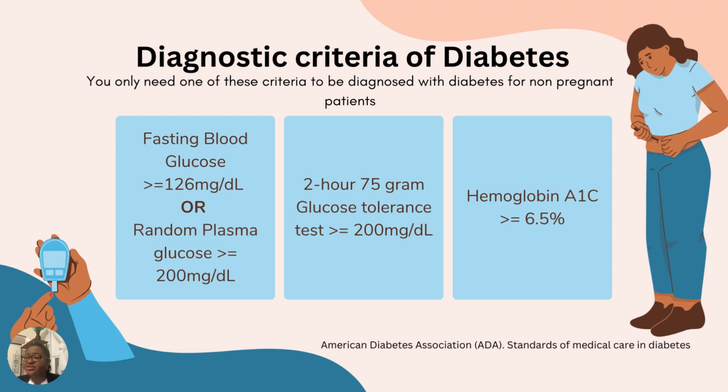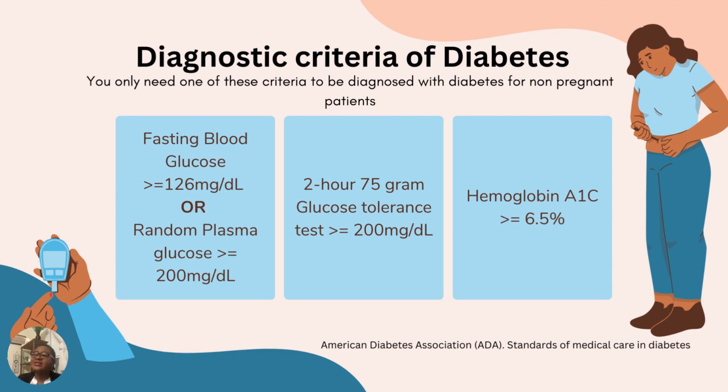The first criteria is, if a patient is having a fasting blood glucose that is greater than or equal to 126 milligram per deciliter, or if a patient is having a random plasma glucose that is greater than or equal to 200 milligram per deciliter, that patient can be diagnosed with diabetes.